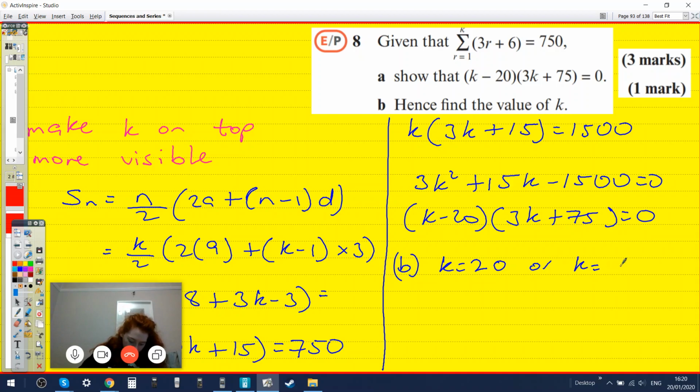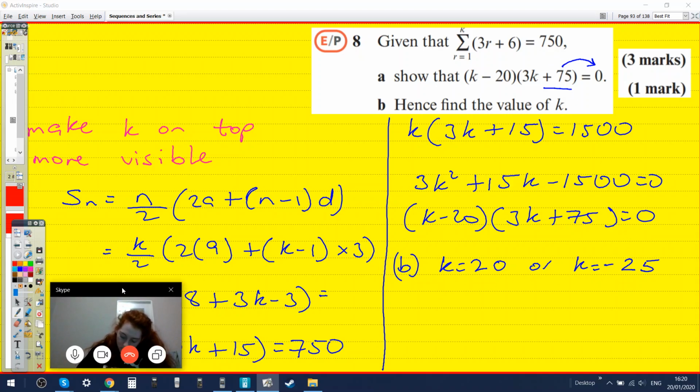What is that? That's just 25. What happens there? Oh, it's minus. Yeah, minus 25.